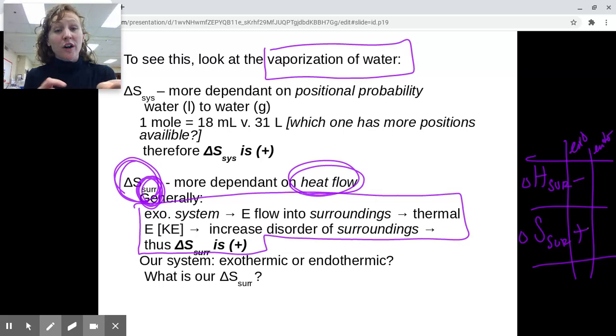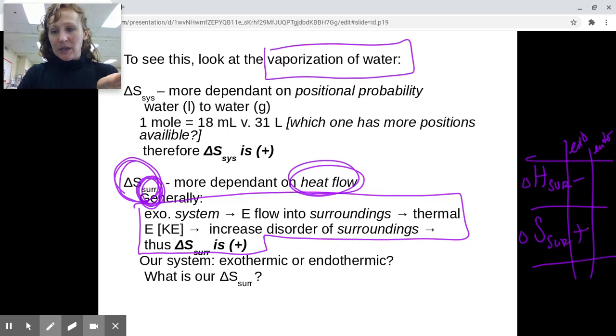Okay, so for your hot thing that you're holding, now you're holding a cold thing. It's an endothermic system, right? You're holding an ice cube. So heat is flowing from your hand into the ice cube. Well, enthalpy of the surroundings, heat is flowing out of your hand into the ice cube.